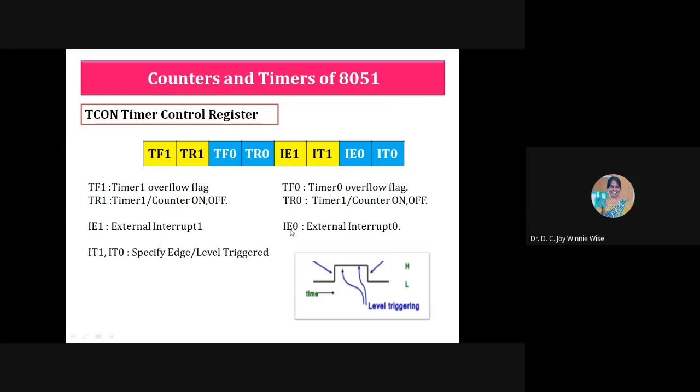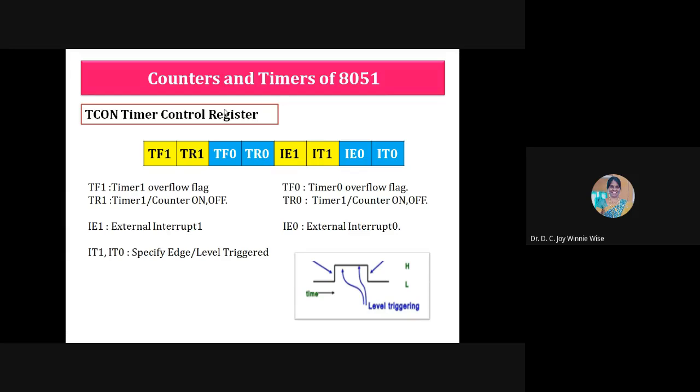Let's see the timer control register. Here we have TF1, the timer overflow flag, as I said earlier, and TR1 is used to control the timer on and off. This is for timer 1. The same function is repeated for timer 0: TF0 is the overflow flag bit, and TR0 is used to control the timer on and off.